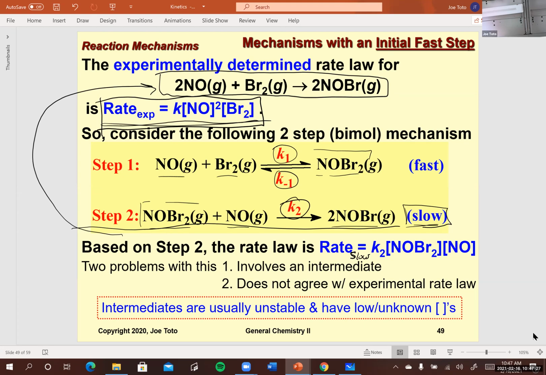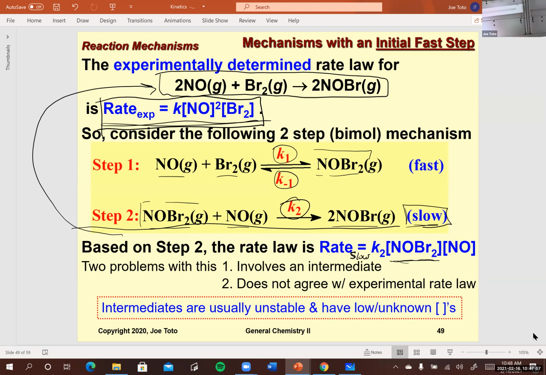The problem is that the rate law that corresponds to the slow step contains an intermediate. This guy right here. Scientists know that experimentally determining the concentration of intermediates is a difficult task because intermediates don't hang around that long.